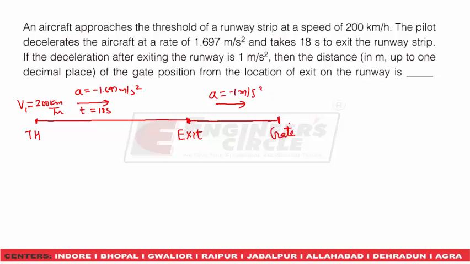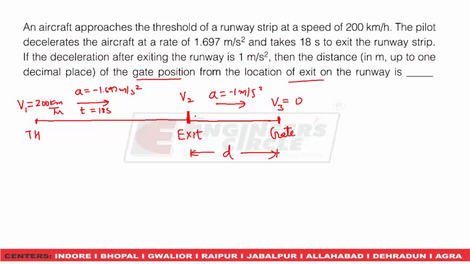Now here speed is given to us, and we also know that at the gate position the speed will be equal to 0. So let it be v1 and let it be v3, and assume the speed at the exit point be v2, and we have to determine the distance of gate position from the location of exit. So this is our distance we have to calculate.